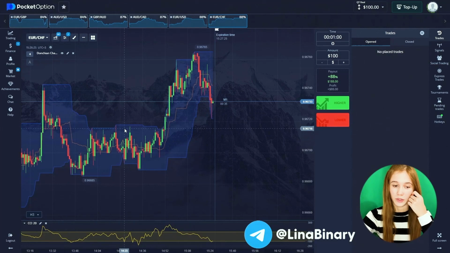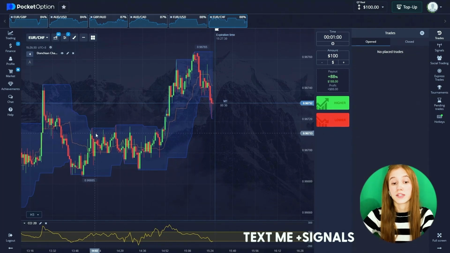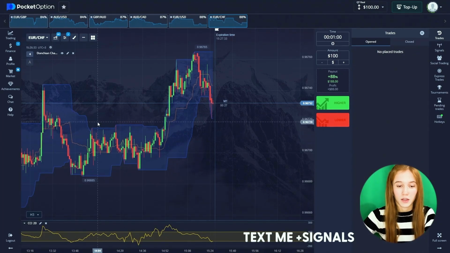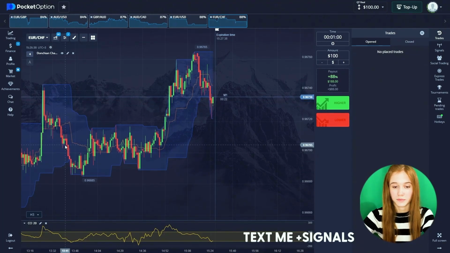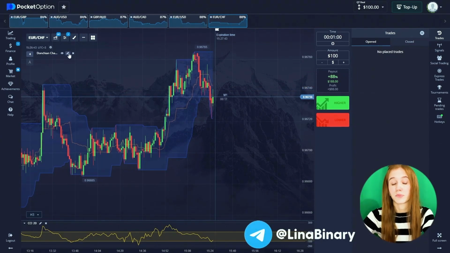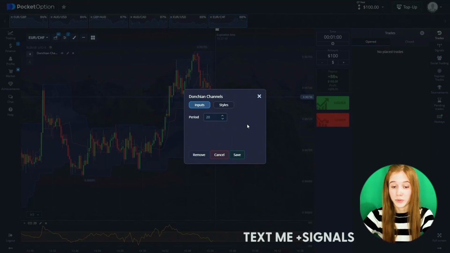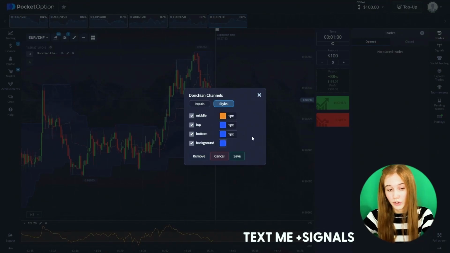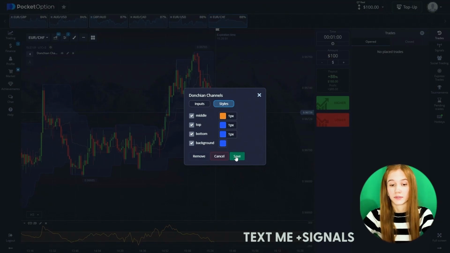For general analysis we will choose indicators for our technical analysis. First, the Donchian channel, and the second indicator. So first the Donchian channel, you can see these parameters. I show it to you not in theory but in practice, though you still need to know the theory a little.